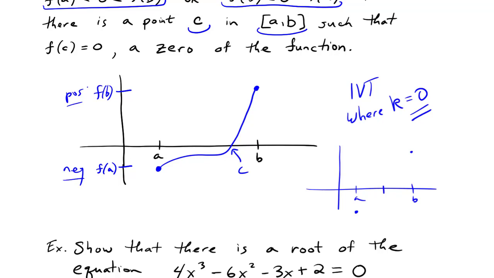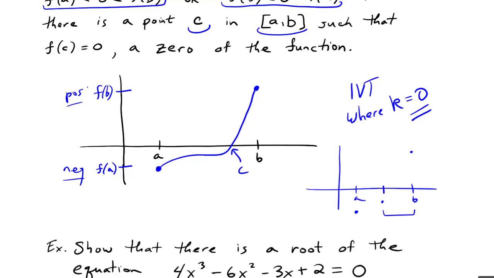So if the value halfway between was, let's say, also negative, well, then we know that the 0 has to be somewhere in this interval, because it has to be a place where it's negative in one place and positive in the other.